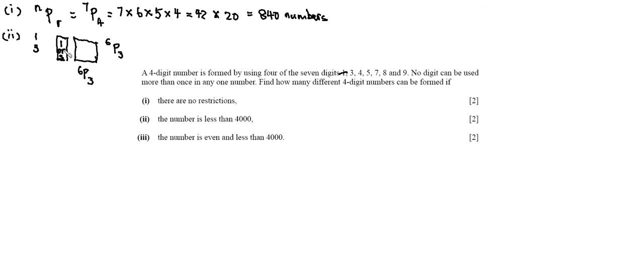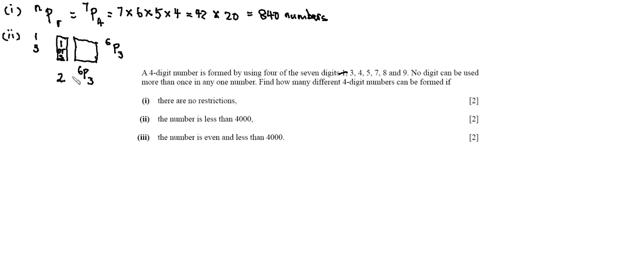Now let's look at the first block. How many numbers are you able to fill in here? Basically, you have only 1 and 3. There are only 2 choices.